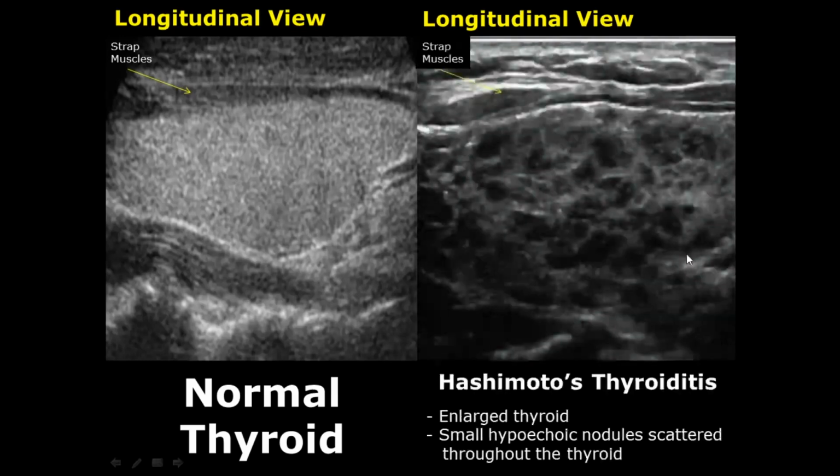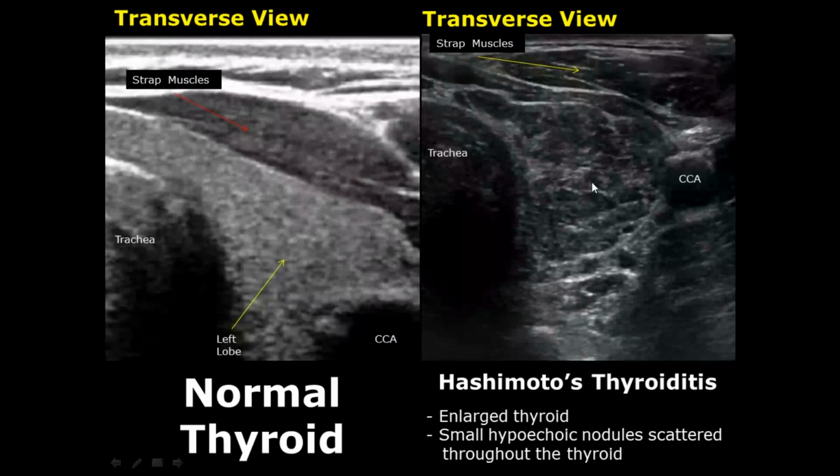Now we move on to parenchymal diseases of the thyroid, starting off with Hashimoto's thyroiditis. It can cause hypothyroidism in the patient. There is enlargement of the thyroid and hypoechoic nodules that will be scattered throughout the parenchyma of the thyroid. In this image, you can also see hypoechoic nodules scattered throughout the thyroid.